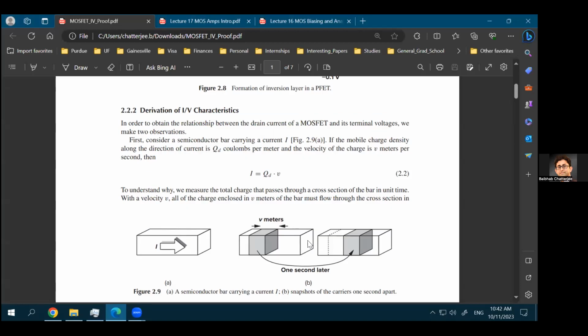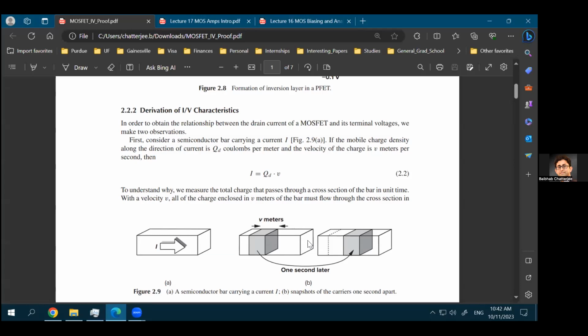So in the previous class, we were discussing MOSFETs, metal oxide semiconductor-based field effect transistors, and we saw that the MOSFET has a very particular current versus voltage characteristic. If you plot VDS on the x-axis and the current through the MOSFET on the y-axis, you will see that initially the current increases with voltage.